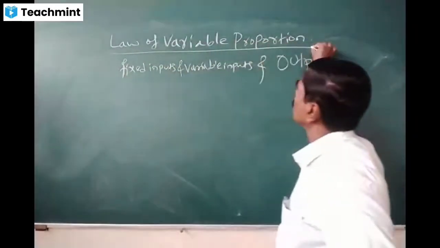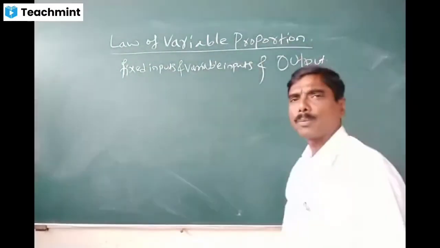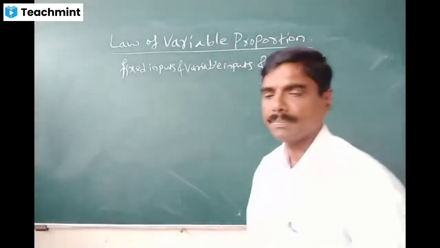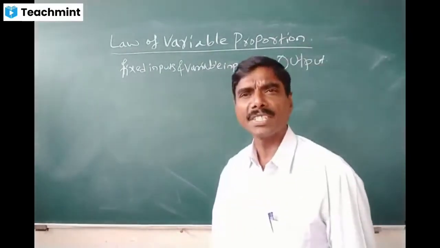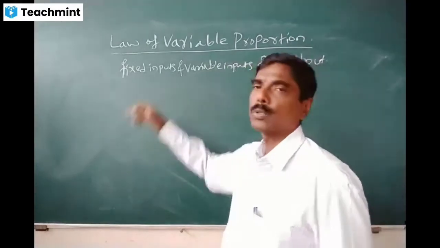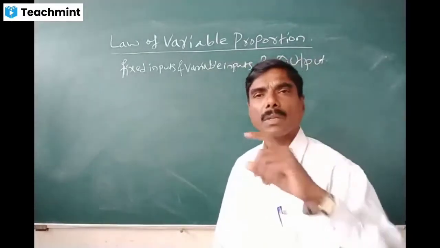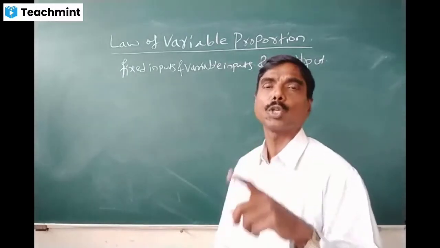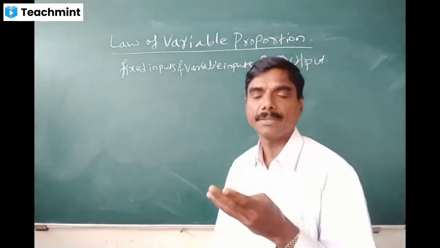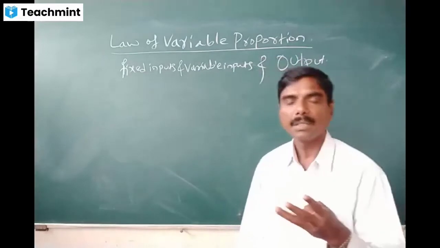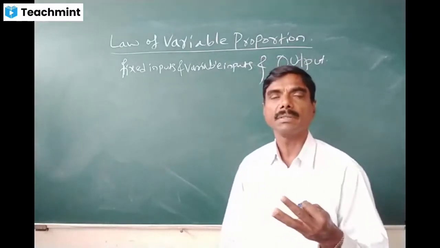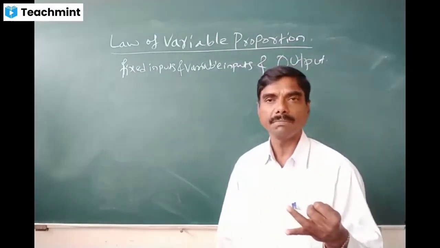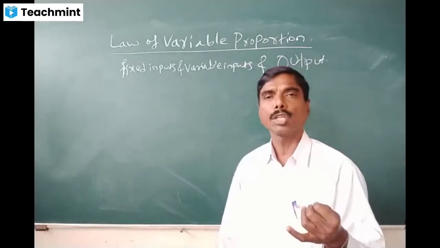So the law of variable proportion shows the relationship between fixed inputs and variable inputs. Certain inputs are fixed, certain factors of production are fixed: land, machines, or capital and organization.